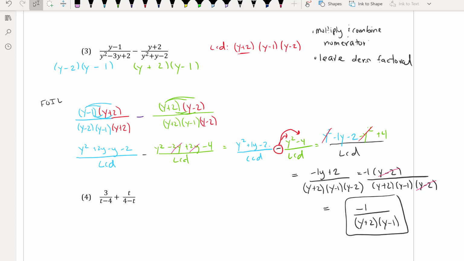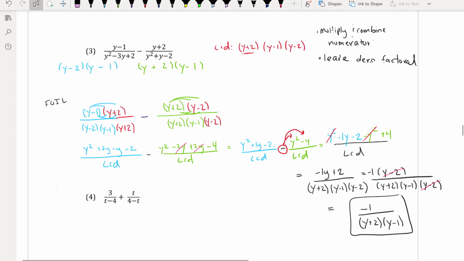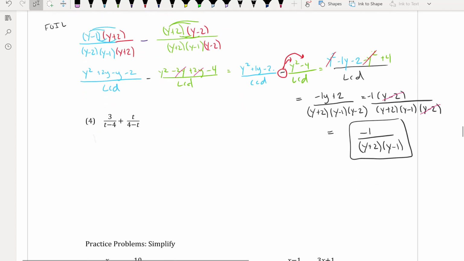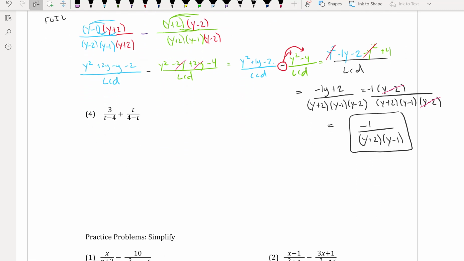All right, so for number 4, what's going on with this one is I really want to make sure that you guys see this pattern. So for this fraction, I have 3, and I have my t minus 4, which is in standard form. This is not in standard form, so I want to rewrite in standard form.